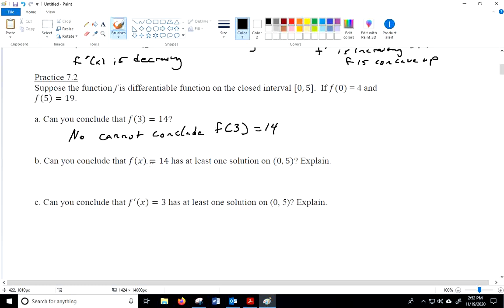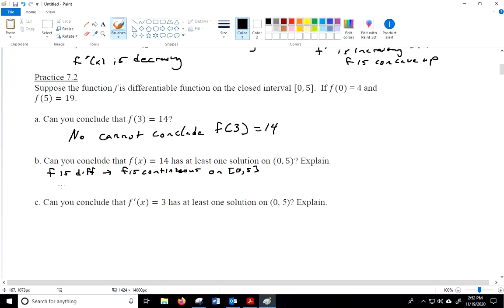Can I conclude that f of x equals 14 has at least one solution on the open interval from 0 to 5? Well, yes, because f is differentiable. Since f is differentiable, that implies that f is continuous, because to be differentiable you have to be both continuous and smooth. So f is continuous on the closed interval from 0 to 5.